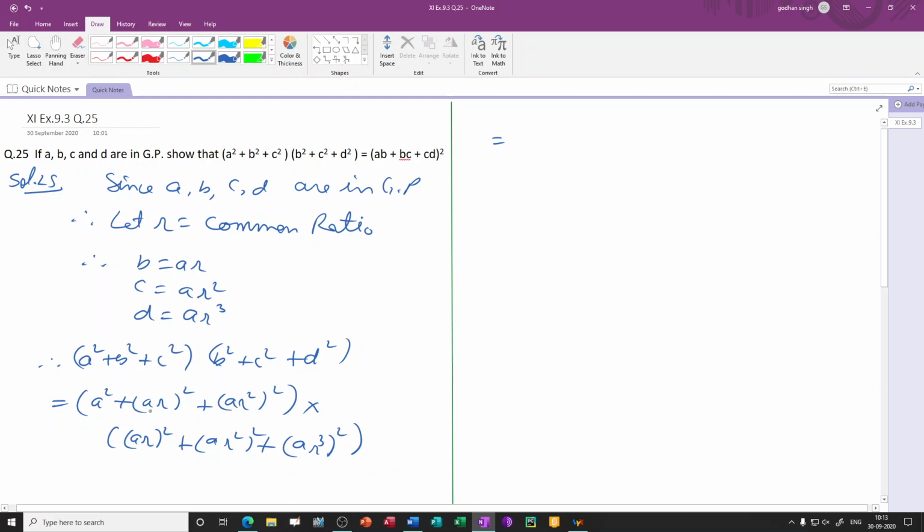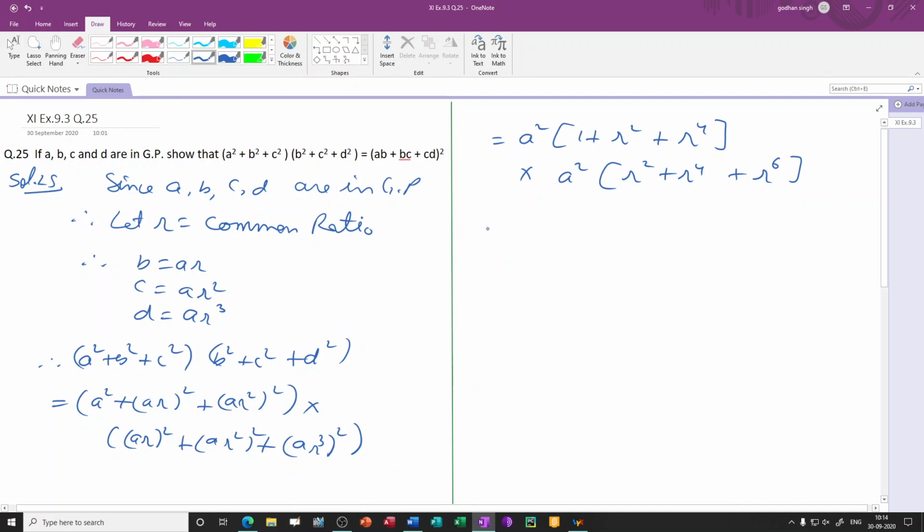Now in the first bracket A square is common everywhere, so we can take it out. Remaining will be 1 plus R square plus R raised to 4, multiplied by the second bracket, A square times R square plus R raised to 4 plus R raised to 6.